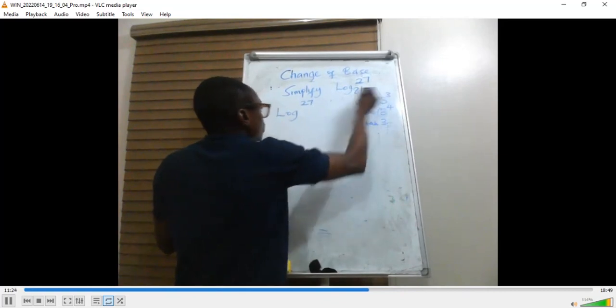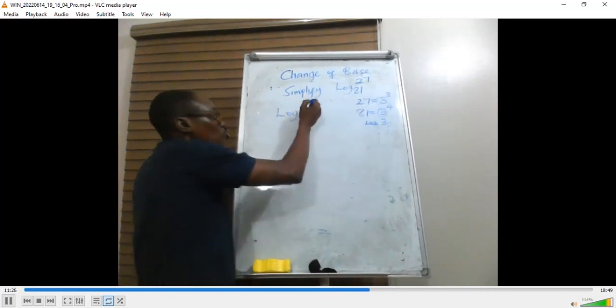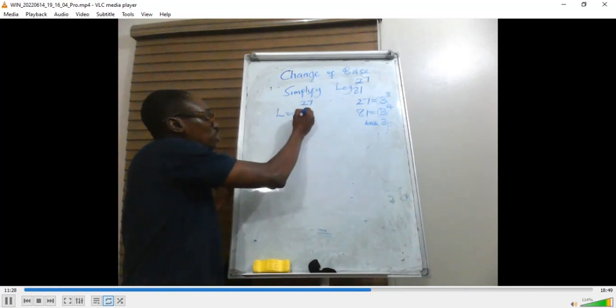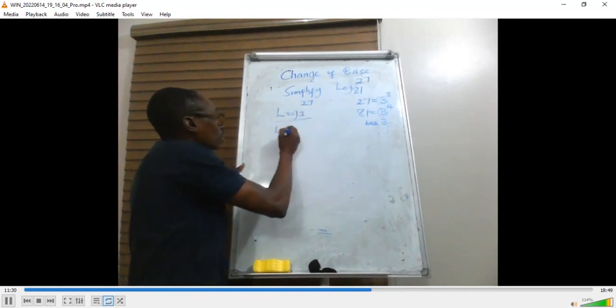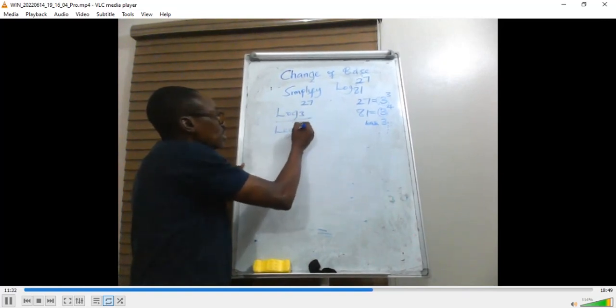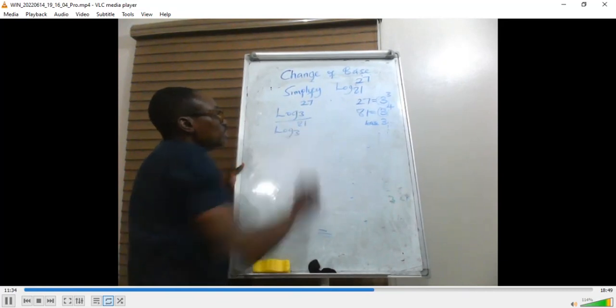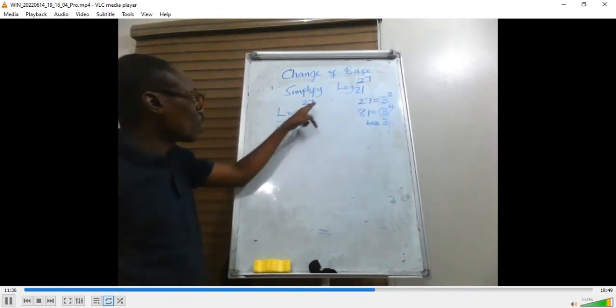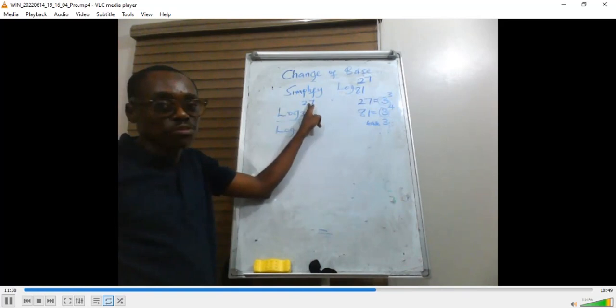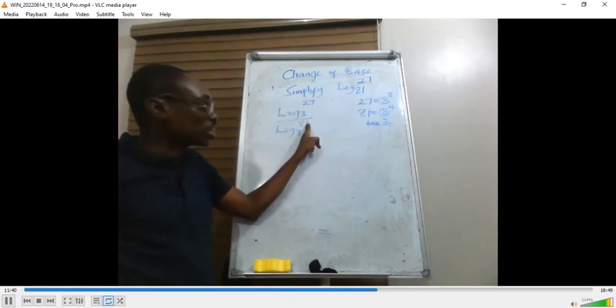Base 3, base 3. So we're going to have log 27 to base 3 over log 81 to base 3. Now we're going to replace 27 and 81 with the index form.